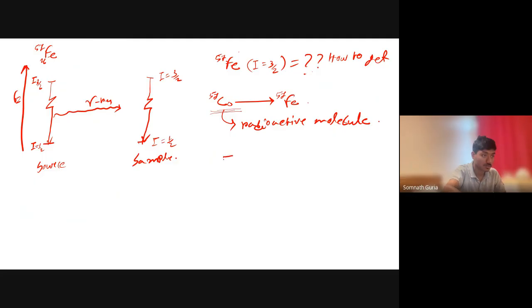If we bombard iron 56 with high energy deuterium atoms, we get cobalt 57, atomic number 27, plus one neutron. This is actually done in an instrument called a cyclotron.